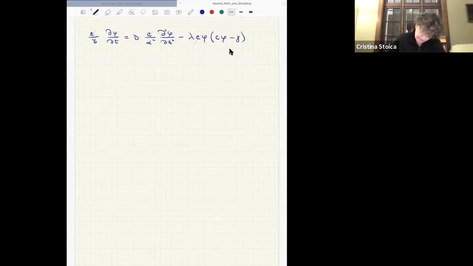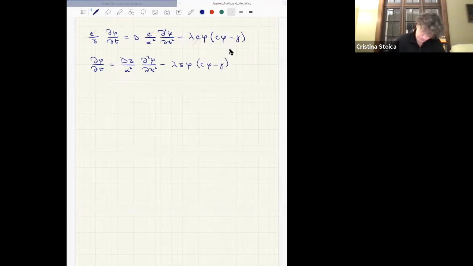We end up with d phi dt equals tau d, let's write it nicer, so it will be d tau over alpha squared d2 phi dx2 minus lambda tau phi, c phi minus gamma.